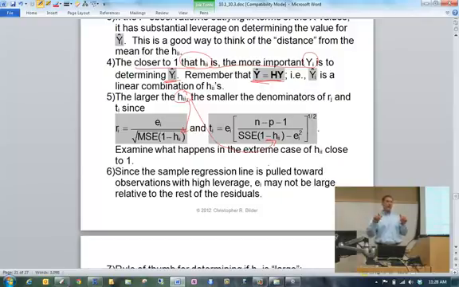It's going to go down because we have that 1 minus h_ii there, meaning that 1 minus a large number close to 1 is going to be close to 0. And then if the denominator is small, what's going to happen to r sub i and t sub i? Go up. So you can see how that hat matrix diagonal value can cause you to have large studentized residuals and studentized deleted residuals.